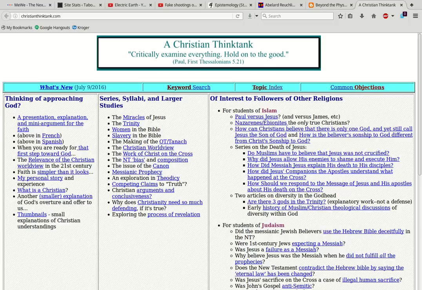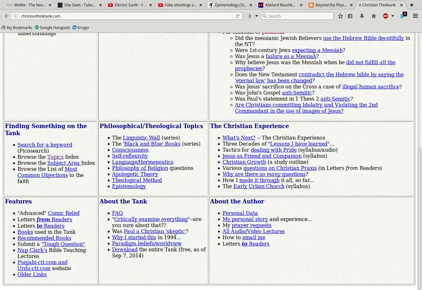But it's very thorough technical research and touches on a lot of the more popular criticisms of the Bible. And it would take you quite a while to go through it. You can download the whole thing. There's a link here somewhere to download the entire think tank content. It's right down here, way at the bottom, about the tank.